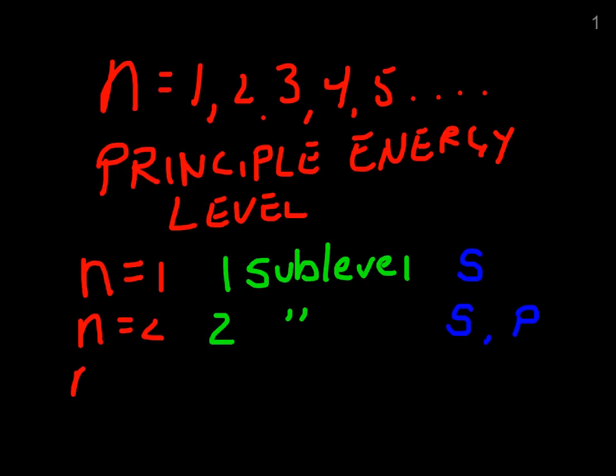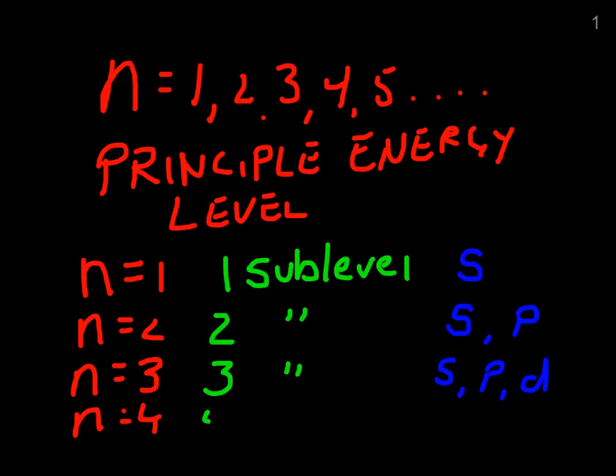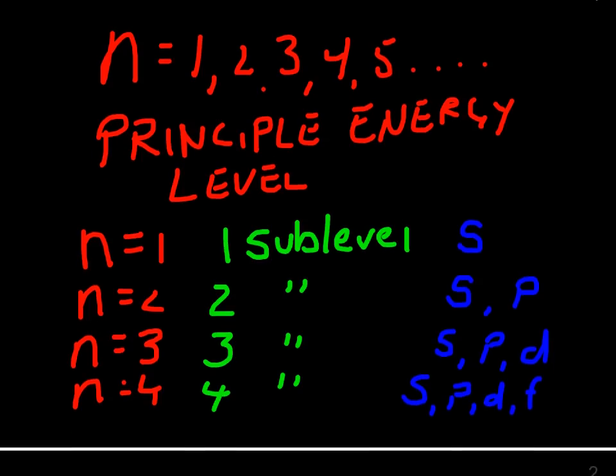When n is equal to 3, there are three sublevels: the s, the p, and the d. For n equal to 4, you probably figured that out, there are four sublevels, designated S, P, D, and F.